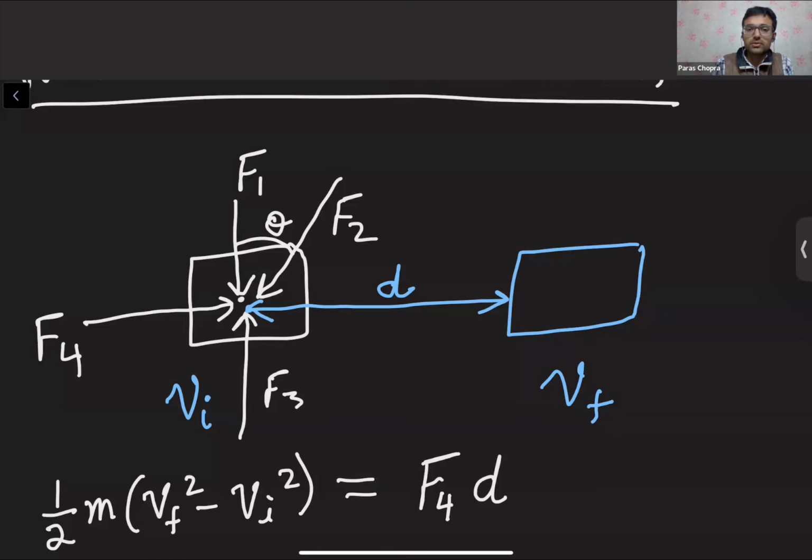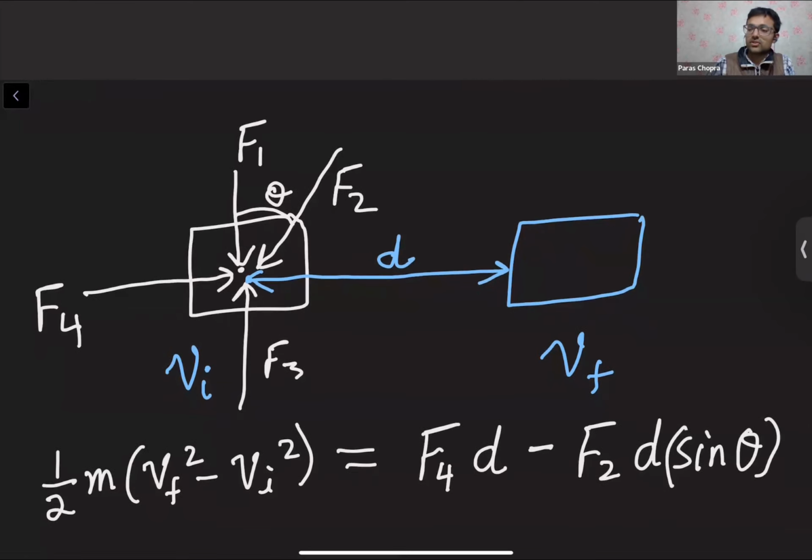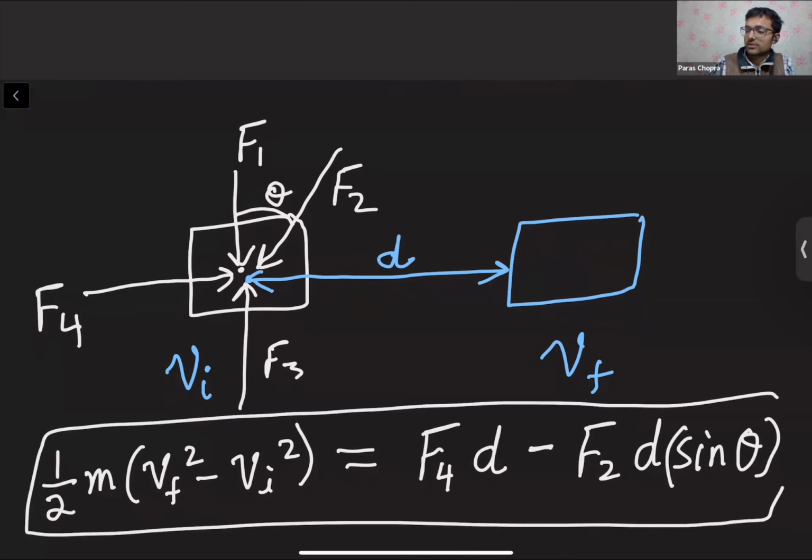So F2 d sine theta with a negative sign. Okay. So work energy theorem says that change in kinetic energy will be equal to the work done by all the forces. So this will be the final equation of the work energy theorem.